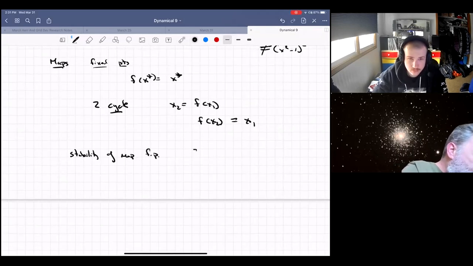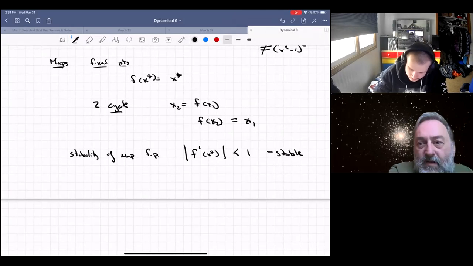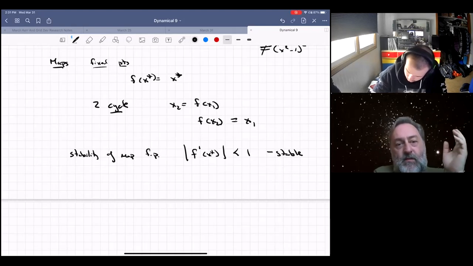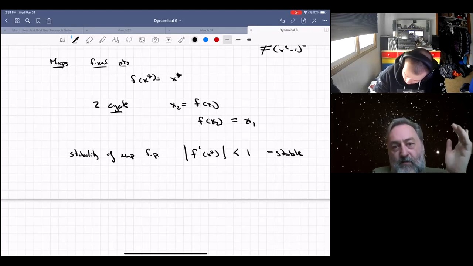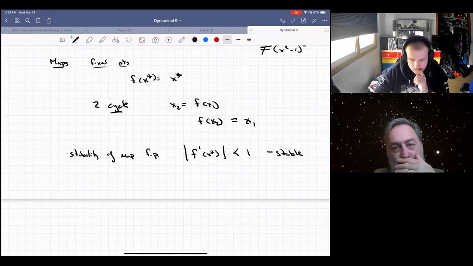And in that case, again, you get to take the derivative. But instead of being positive and negative for the stability, so in flows, if the derivative was negative, then you were flowing towards the left, and the derivative was positive, you're flowing towards the right.